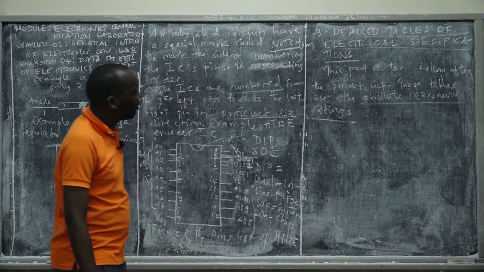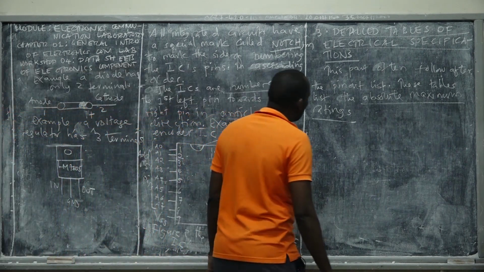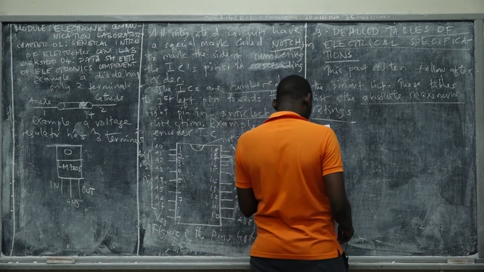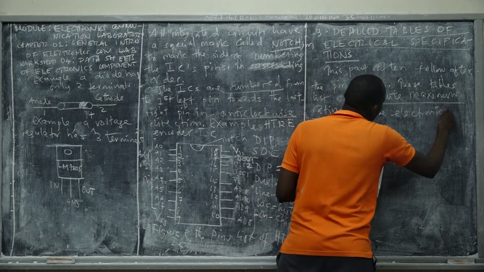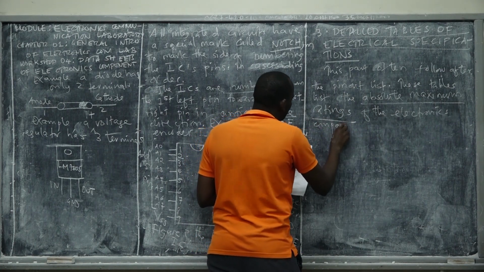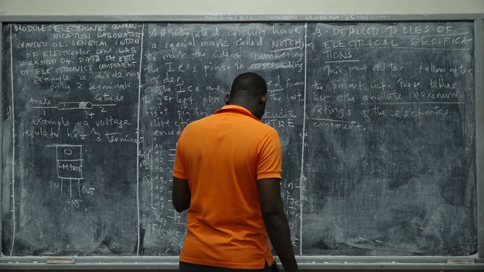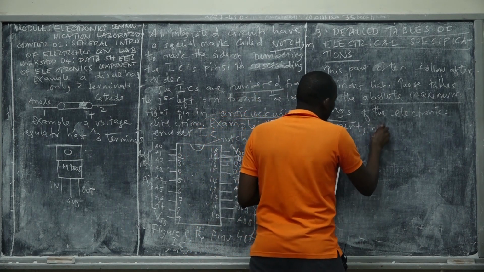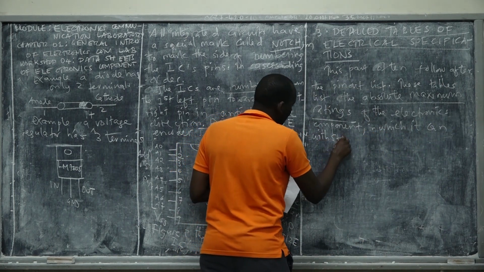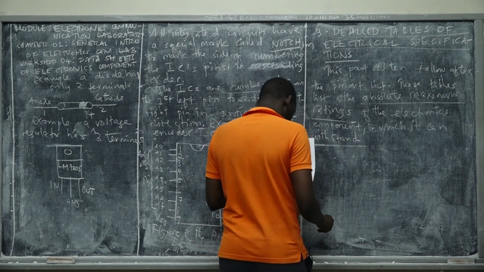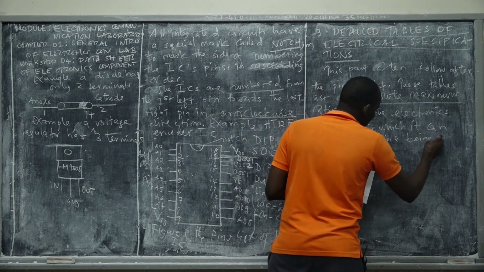So this part often follows after the pin out list, and these tables list the absolute maximum rating of the electronics component, which it can withstand before being damaged.